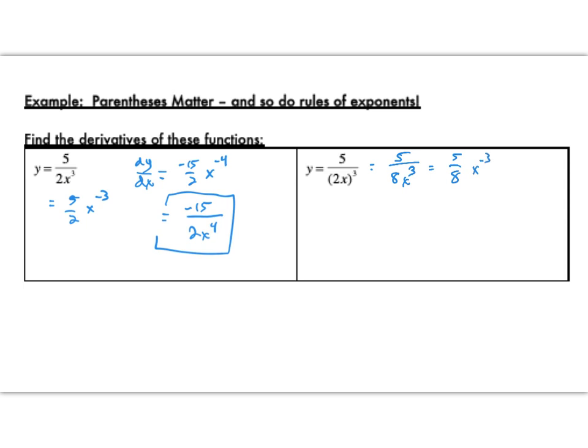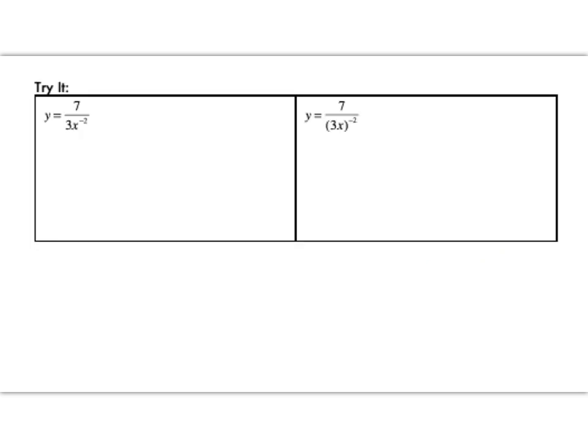Now I can differentiate it and get an answer of negative 15 over 8 x to the negative fourth. Then I'm going to simplify that the same way I did the other one. So you can see that those parentheses make a big difference. Try it for yourself. Pause the video, try these two and see what you come up with.